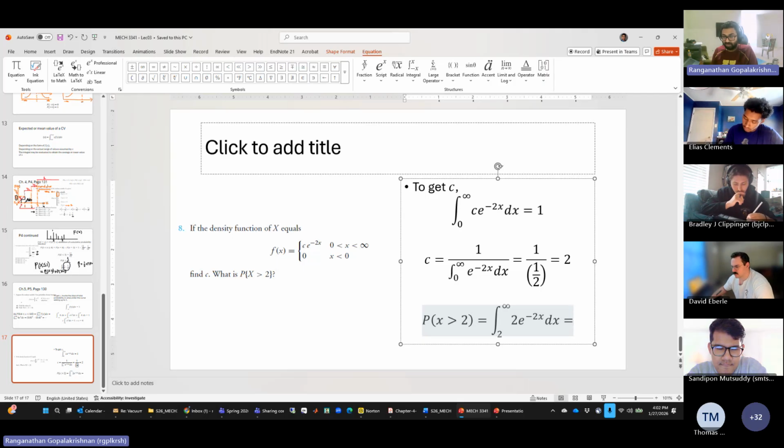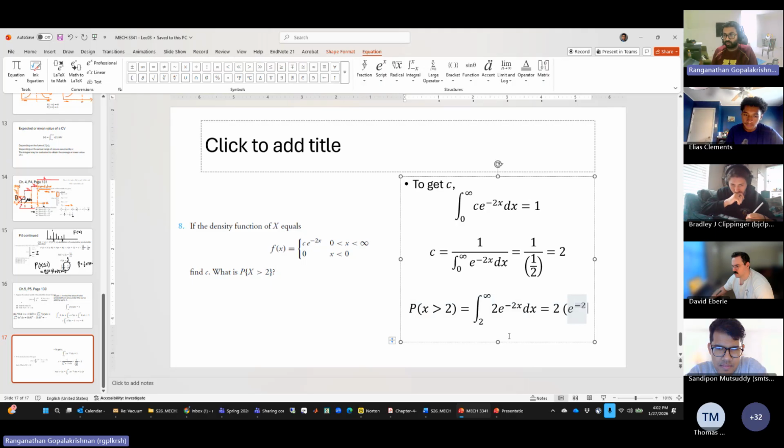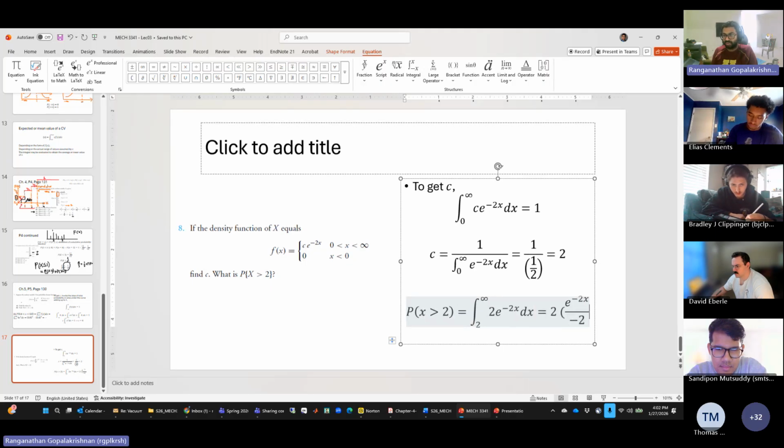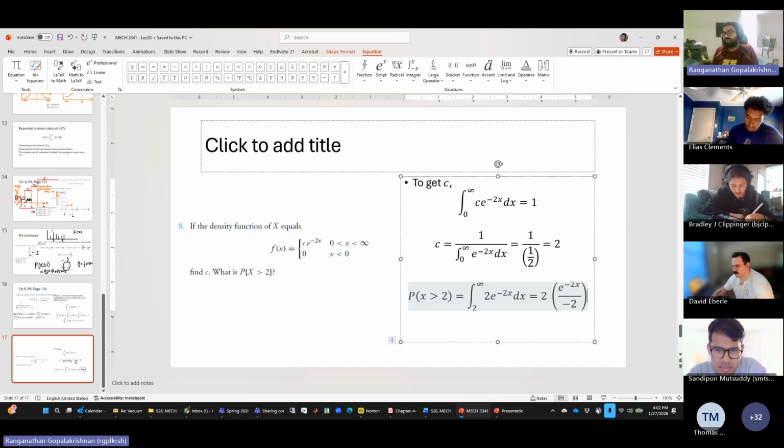It's not that bad. 2 e power minus 2x divided by minus 2. That's the integral. And you have to evaluate this between infinity and 2.